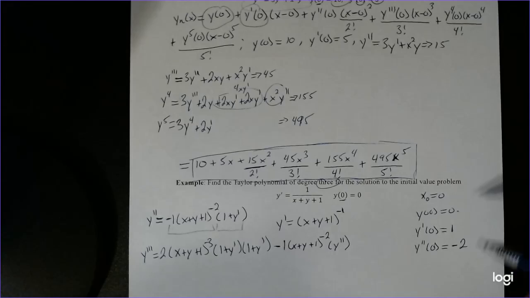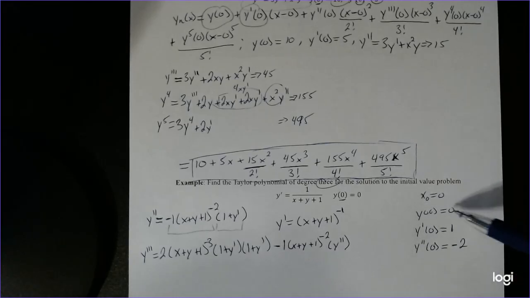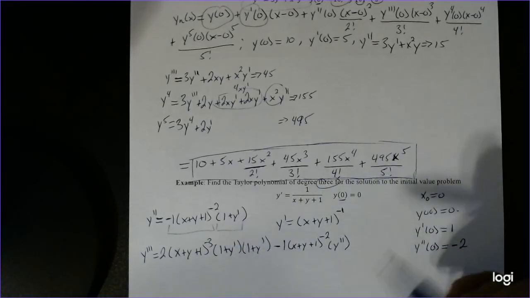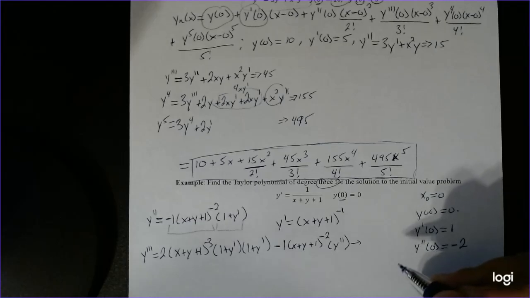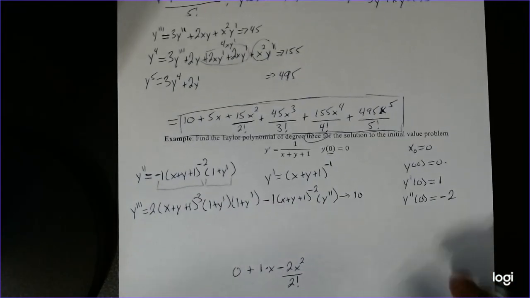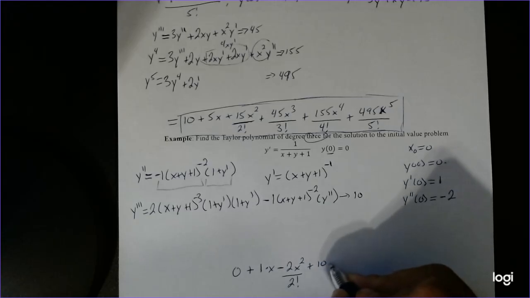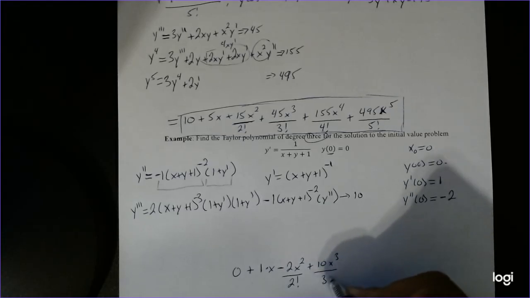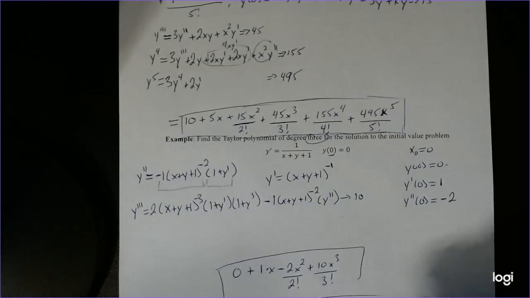Now if you plug in all four things into all of this, we eventually get just a simple 10. So the last one will be plus 10x to the third over 3 factorial. And there's our Taylor series expansion of degree 3.